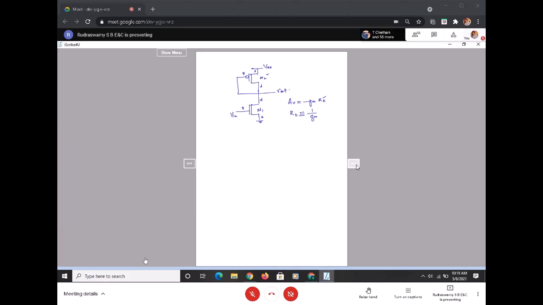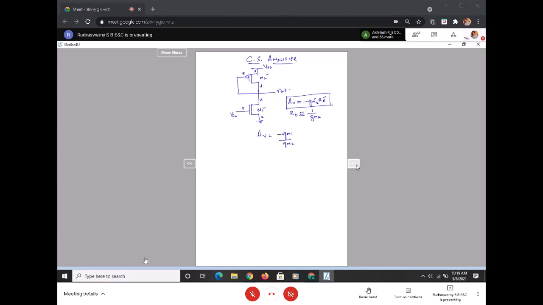Since this RD corresponds to M2, I call this GM1, and the gain of this common source amplifier is GM1 times RD, because the gain corresponds to the M1 transistor and RD is replaced by M2. RD is approximately equal to 1 over the transconductance of M2. So now AV is equal to minus GM1 by GM2.